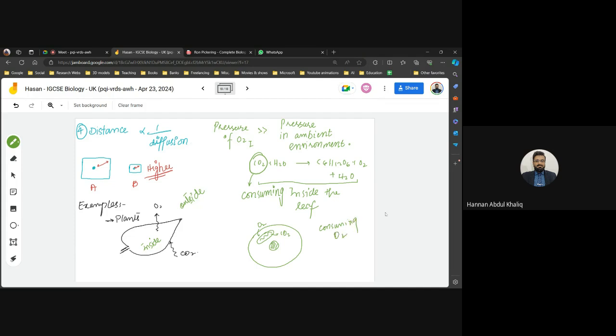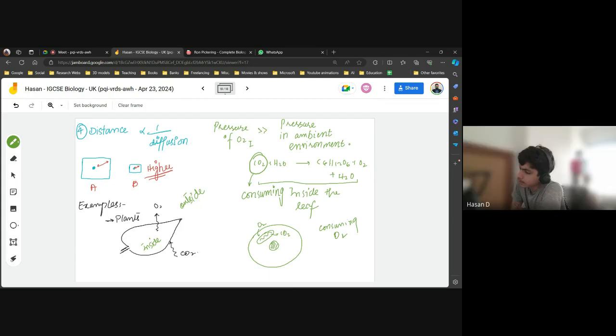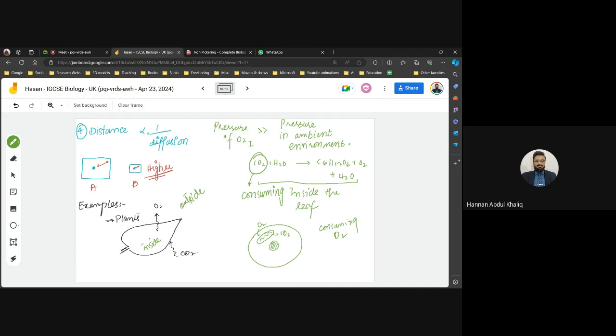So how would the oxygen move outside the mitochondria? So it would go in and the carbon dioxide would go out. Yes, the carbon dioxide would go out because inside the cell, the carbon dioxide is in very high amount, but oxygen inside the cell is in very low amount. So oxygen would come in and carbon dioxide would move out. Clear?